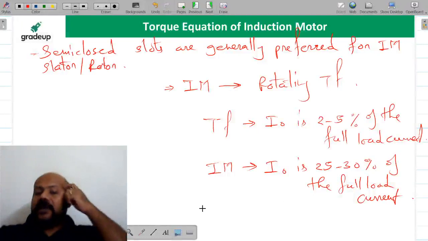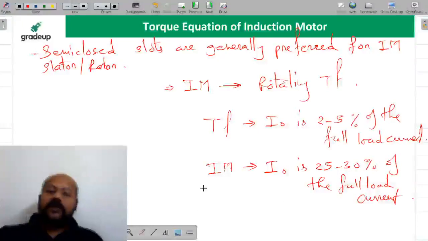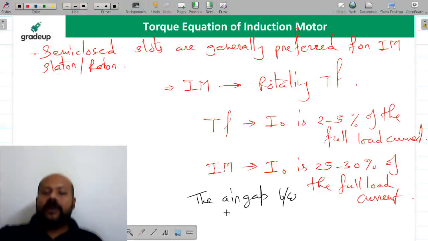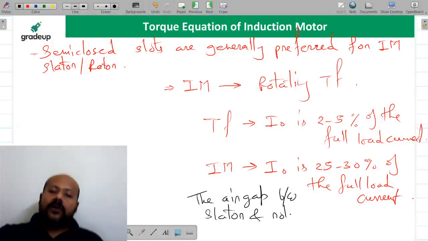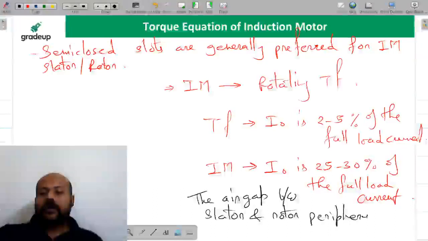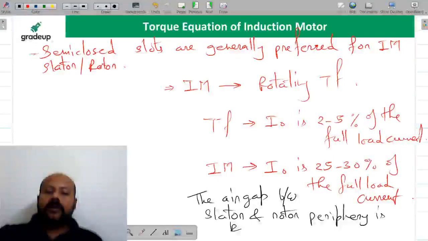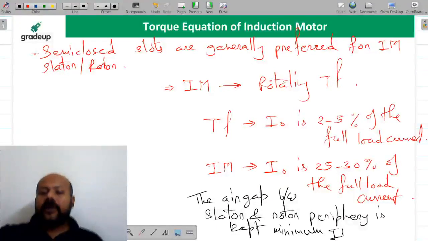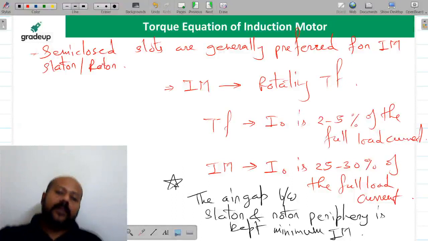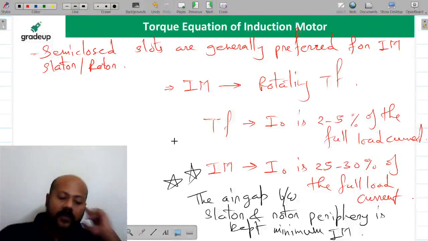This is the reason, listen to me properly, this is the reason the air gap between stator and rotor periphery is kept minimum for induction machine. These are important points.